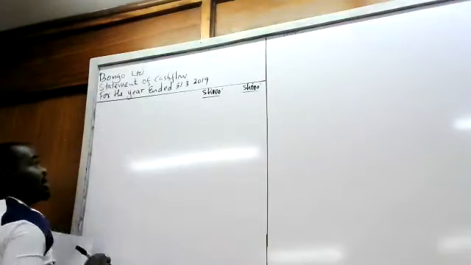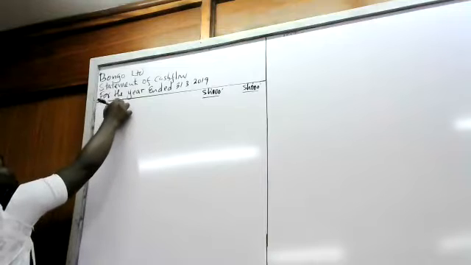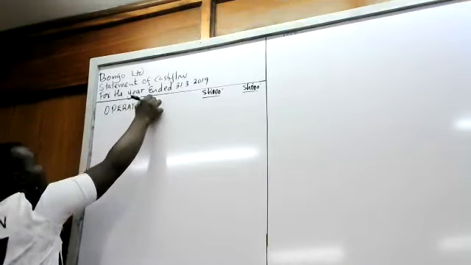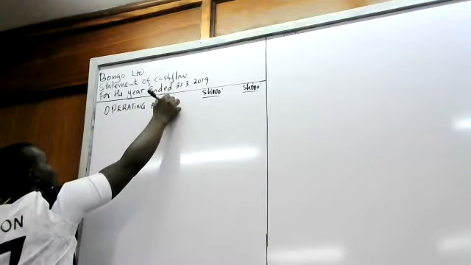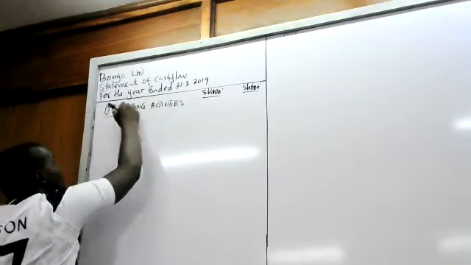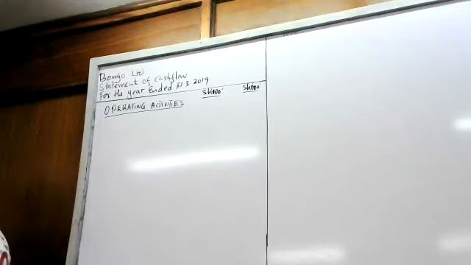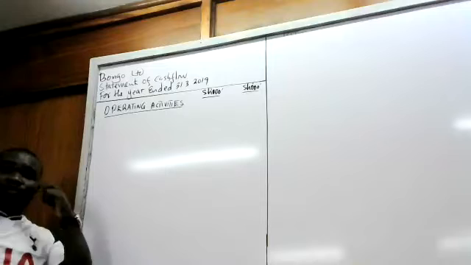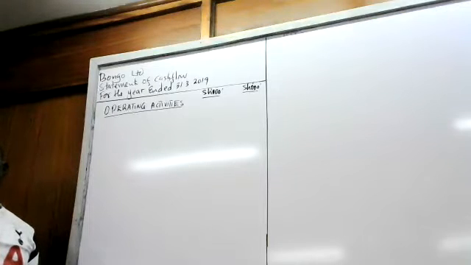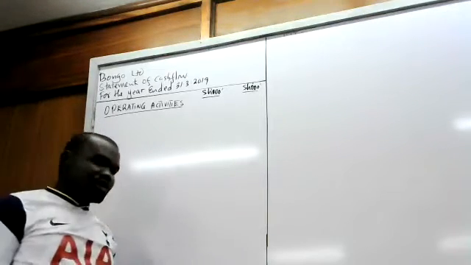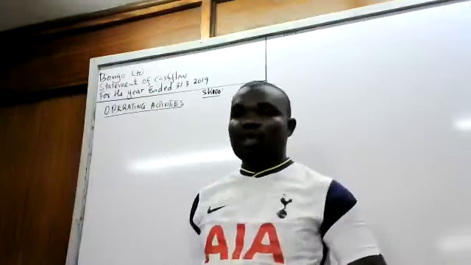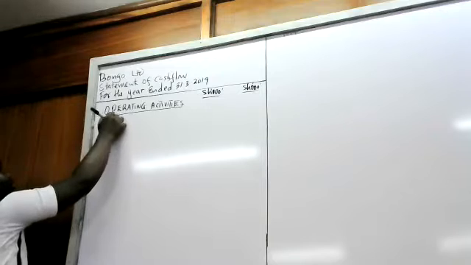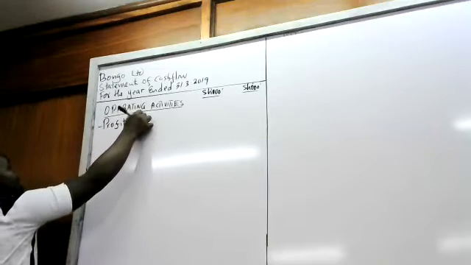So you start with operating activities. You start with profit before tax. When you go after tax, that is after operations; operations is within. So profit after tax, well, it's before tax, I mean. Profit before tax.